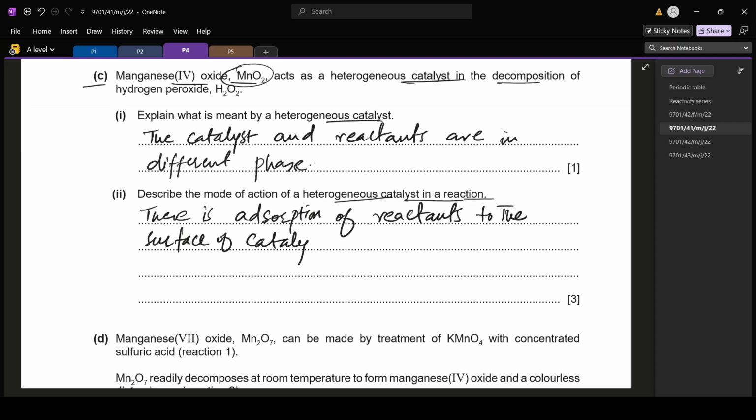Okay, and bonds in the reactants are weakened, and new bonds are formed, and the reaction occurs.